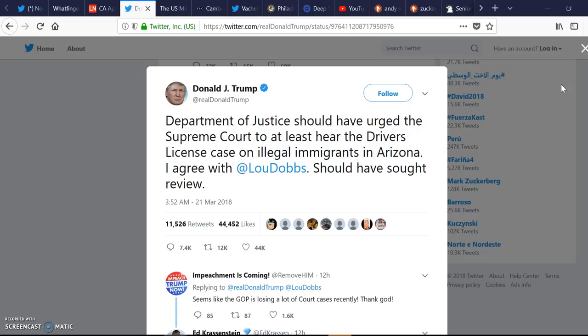Should have sought review. Now, you might think like, oh, well, driver's license for illegal immigrants, who cares? Or you might be like, well, I don't like that at all because that gives them some kind of government consent to be here because you're giving them something they shouldn't have. And then the government's doing it. So you could be in one of those camps.